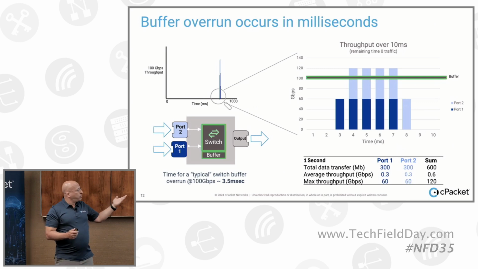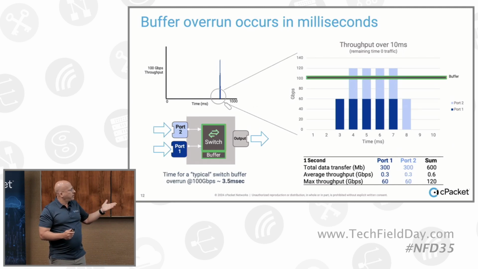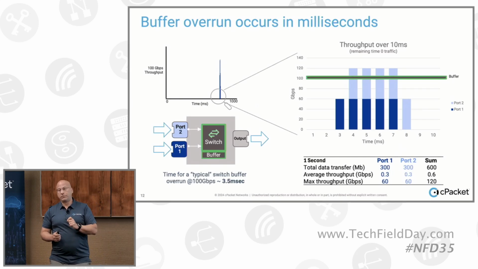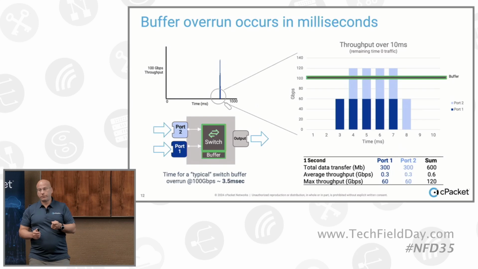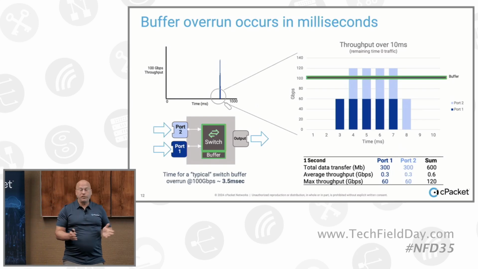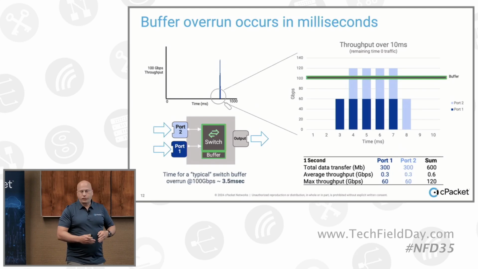What does it mean? So I had 2 ports, and you can see in the graph on the right-hand side, we zoomed in into this burst, and we can see that there were 2 ports. Each one of them sent data for 5 milliseconds at 60 gigabits per second. So the total amount of data that each one of them sent was 300 megabits. Total data, 600 megabits.